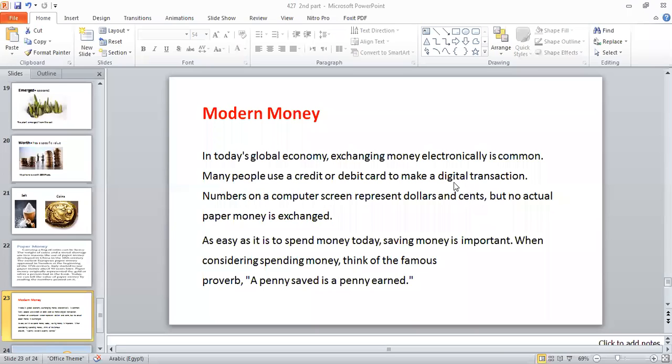So this is what he means by digital transaction. When you pay, not by hand with paper money or coins, you just put your card in the machine, type your password, and that's it. The money is transferred from your pocket to the merchant. And that's the way we are using money nowadays, as you all know.